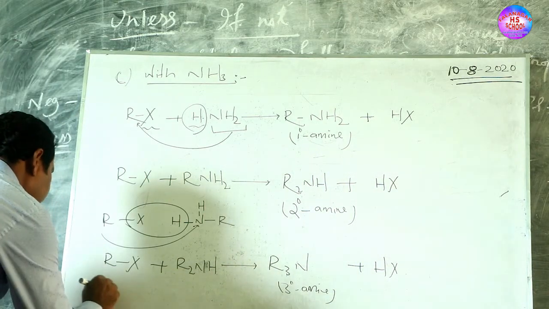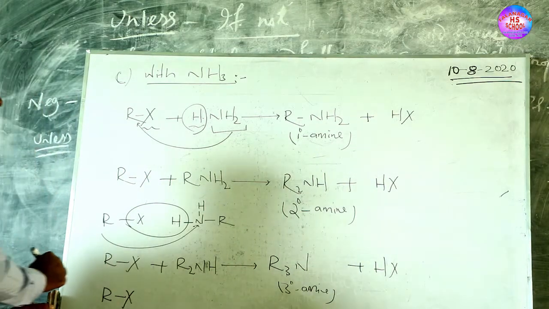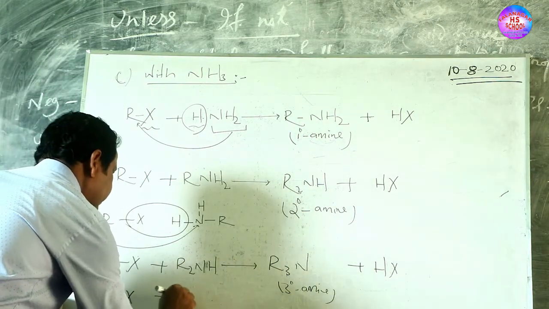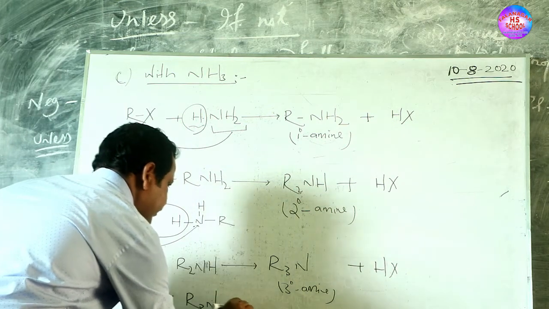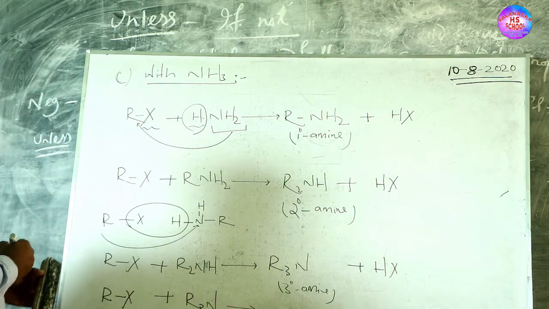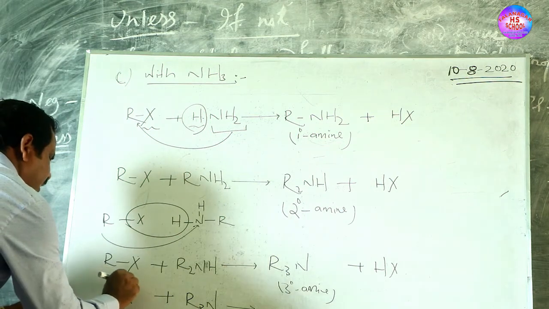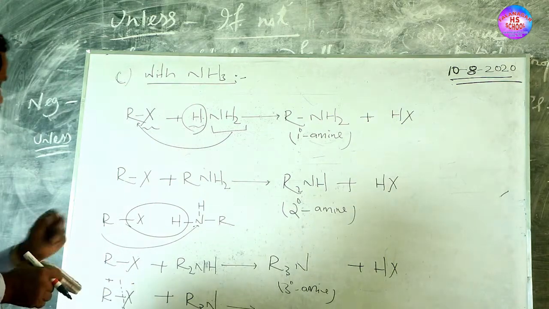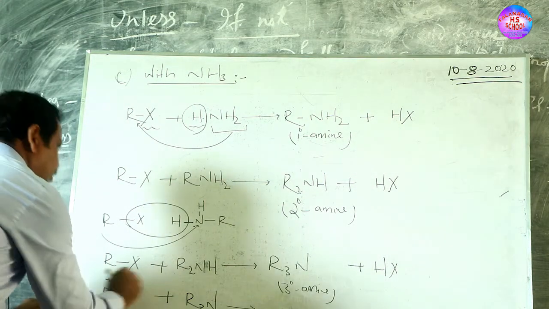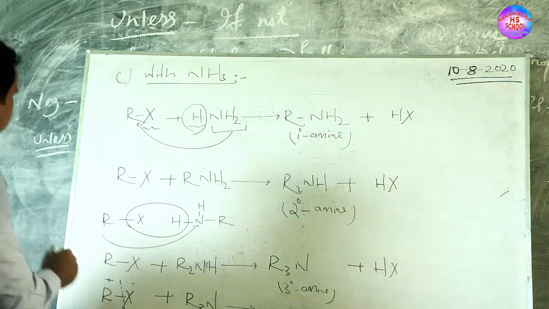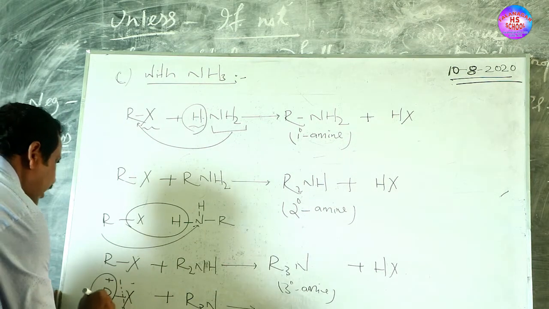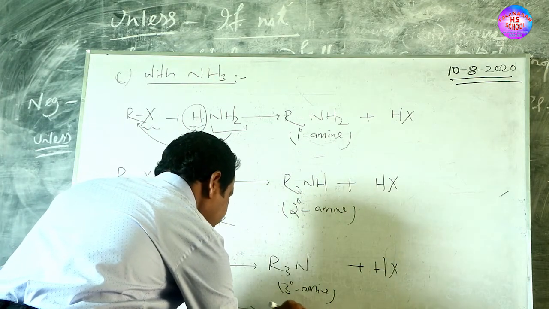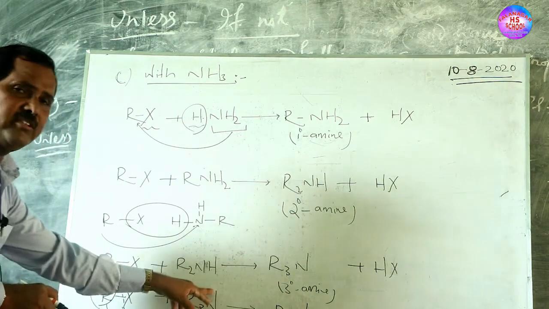Again, RX, alkyl halide, combines with R3N to form R plus and X minus. The RX bond breaks to form R plus and X minus. This R plus alkyl group attaches to the nitrogen atom to form R4N. It was neutral, charge 0.